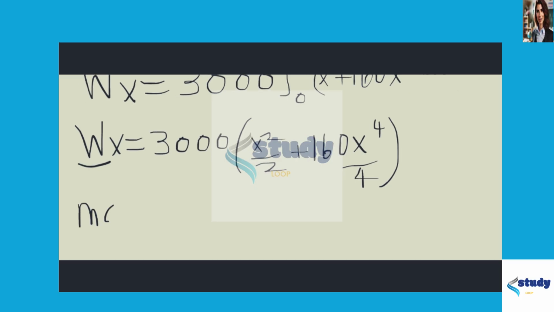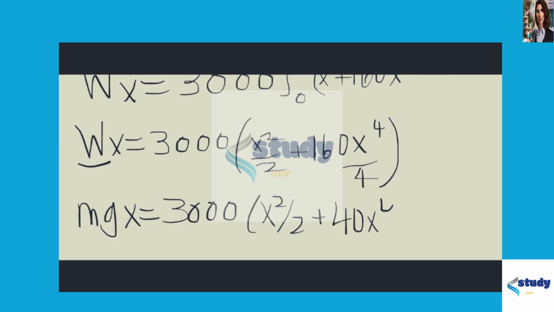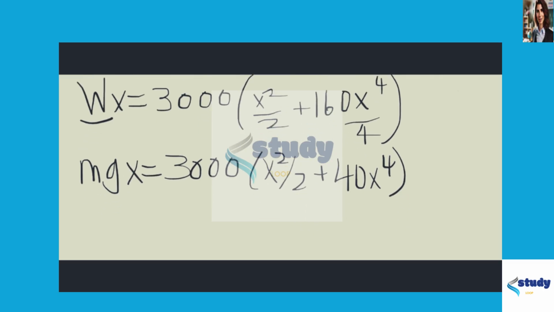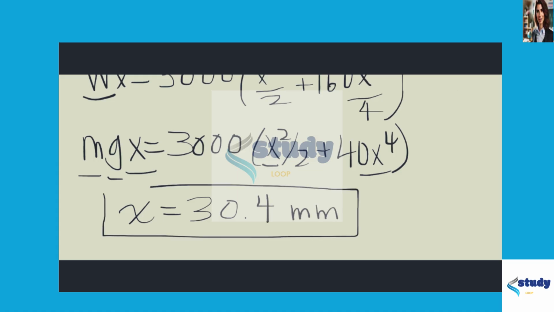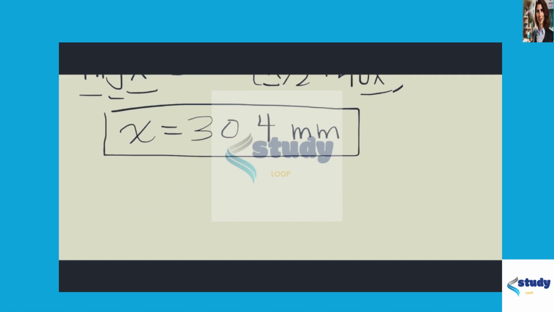We can say mgx equals 3,000 times x squared over 2 plus 40x to the 4th. Now, as you can see, this is just a simple equation that we have to solve for x. That is our only unknown. We know the mass is 5 kilograms. We know g is acceleration due to gravity. And solving this for x gives us an x max of 30.4 millimeters. So that is the maximum displacement.